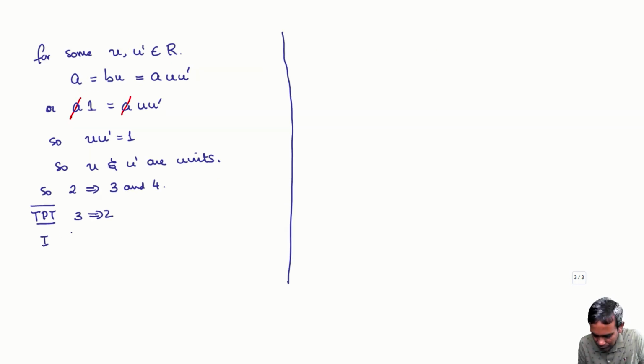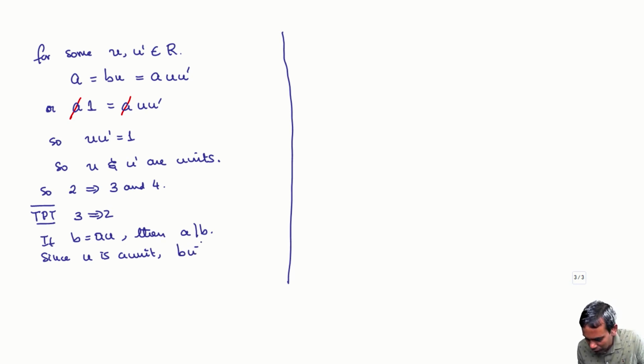So if B equals AU, then obviously even if U is not a unit, this means that A divides B. But since U is a unit, multiplying both sides by the inverse of U, we get BU inverse equals AU U inverse. But UU inverse is 1, so this is equal to A. So BU inverse is equal to A, so that means that B divides A.